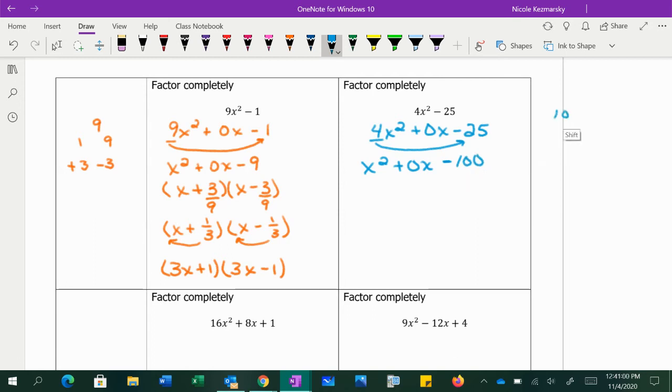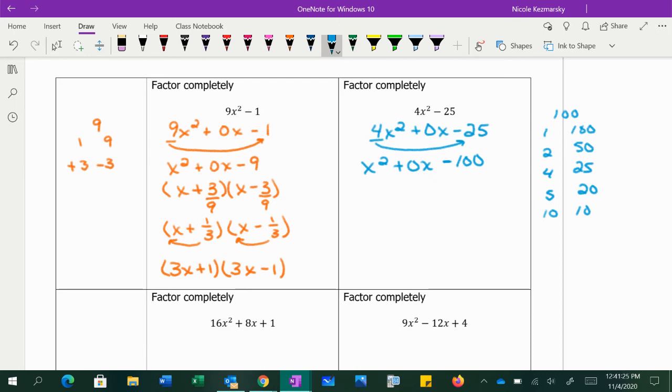Factor pairs for 100, 1 and 100, 2 and 50, not 3, but 4 and 25, 5 and 20, not 6, not 7, not 8, not 9, but 10 and 10.